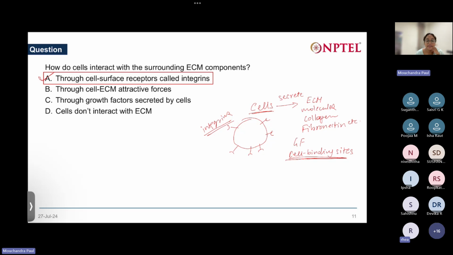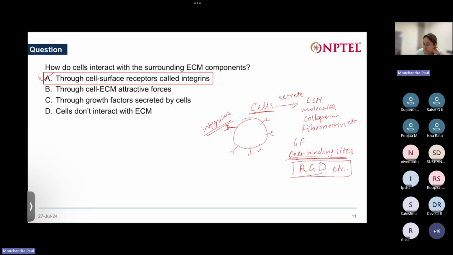So these cell binding sites also have a unique set of amino acids in them. An example is RGD, arginine, I think G stands for glycine, have a look at the full form of RGD. These are three amino acids generally found in the cell binding sites. And these RGD sites can be recognized by the integrin receptors.